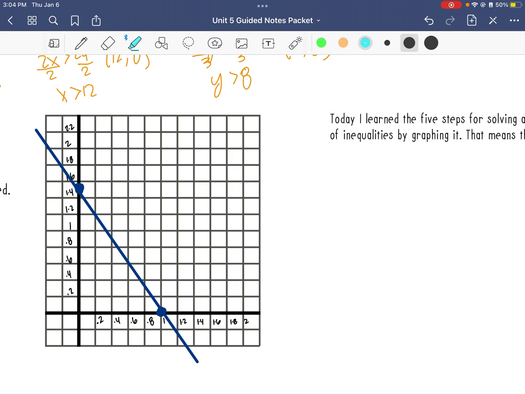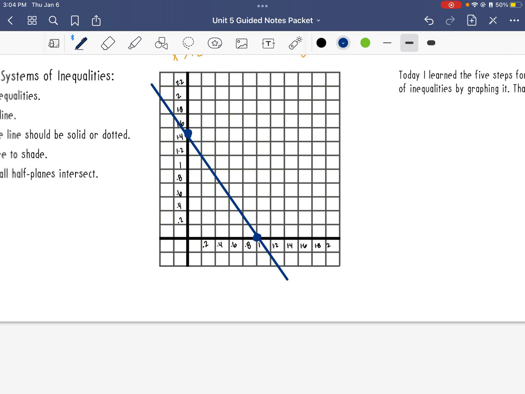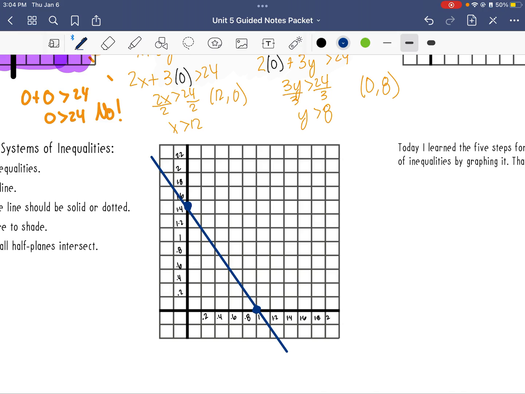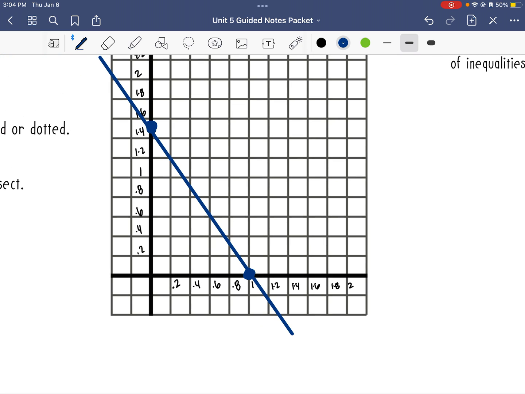Another thing you need to think about: can you have negative granola bars? Because that's what these are, right? Our x was for our Totally Yummy bars, so we're going to say number of Totally Yummy bars.